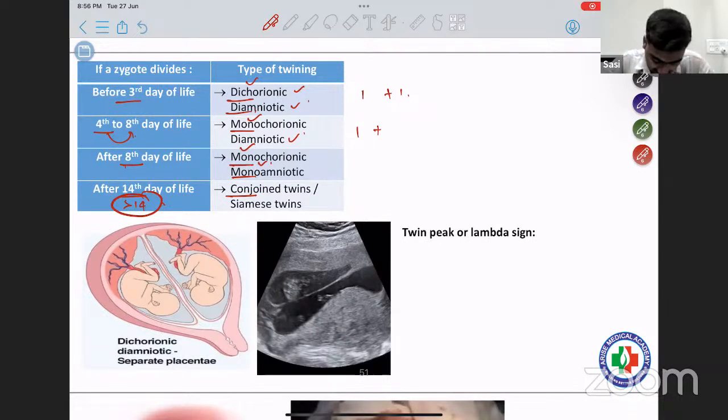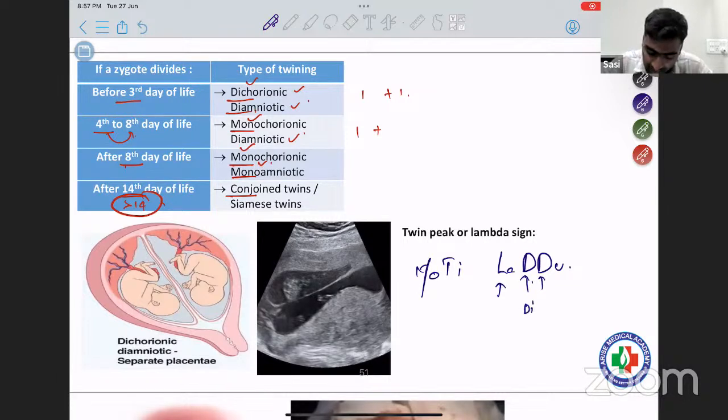Sure. Then next one is the two ultrasound signs. To remember this, if some of your friends are chubby or moti, we'll call them in a lovely fashion as laddu. Okay, remember, we'll call them laddu. So in the case of dichorionic diamniotic twins, you will see the lambda sign.